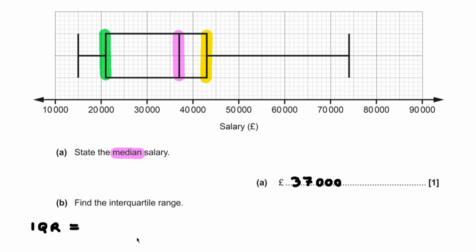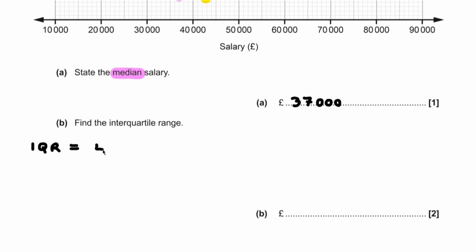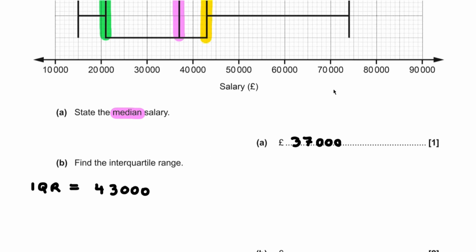So I have 43,000 subtract 21,000. So that's 22,000.